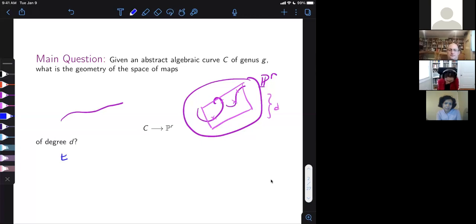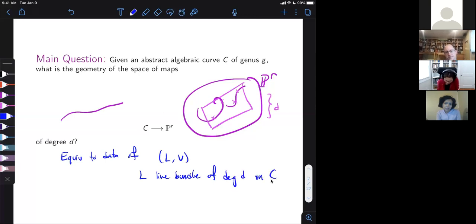This is equivalent to the data of a pair, L and V, where L is a line bundle of degree d on the curve C, and V is a subspace of the space of global sections of that line bundle of dimension r plus 1 that's base point free.